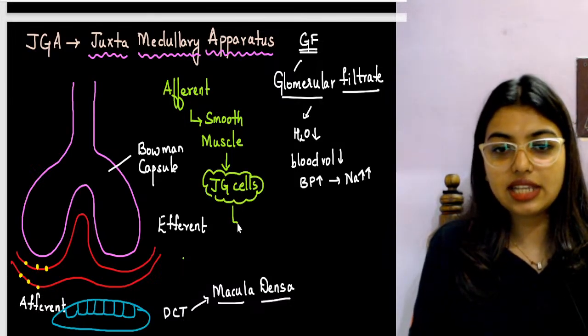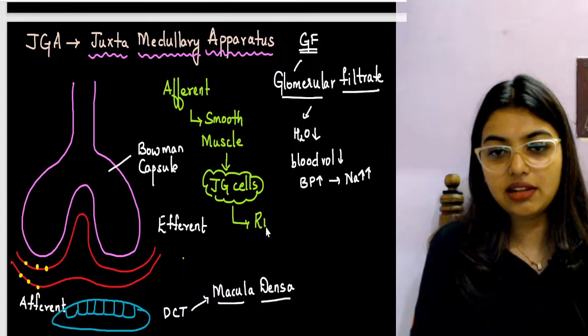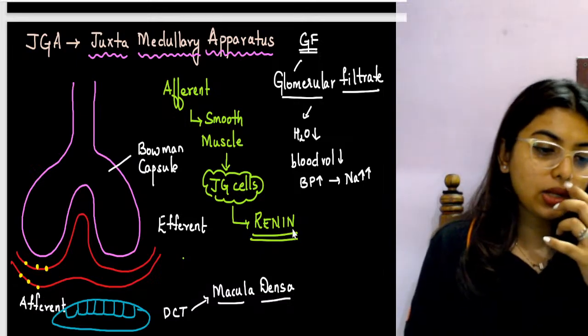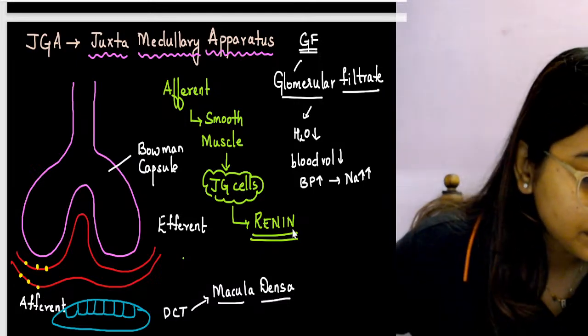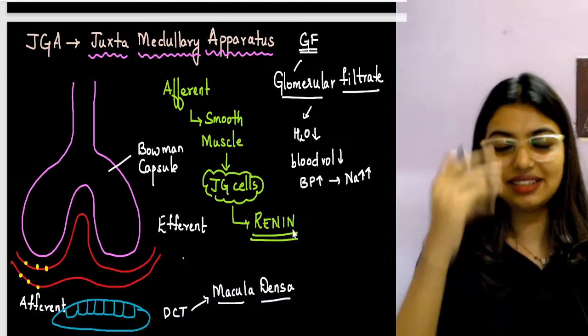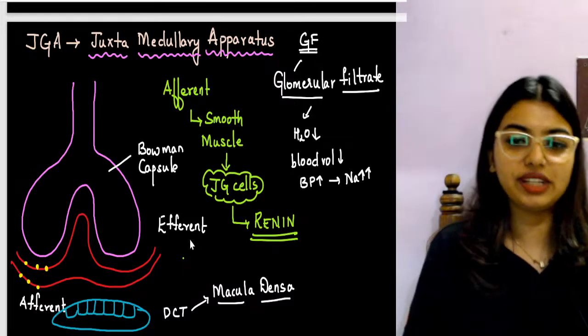And these JG cells will release renin to fix the issue. JG cells will release whom? Renin. Understood? I cannot explain in Hindi. This is English. I can talk only English.